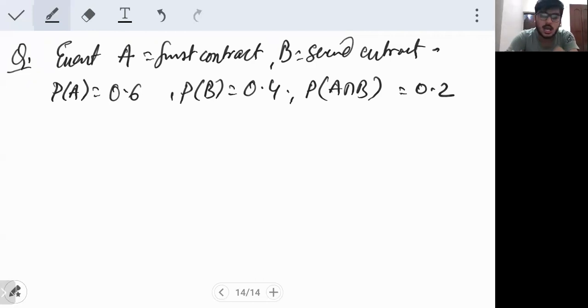The question is, a company has bid on 2 large construction projects. The company president believes that the probability of winning the first contract is 0.6 and the probability of winning the second contract is 0.4. The probability of winning both the contracts is 0.2, right?